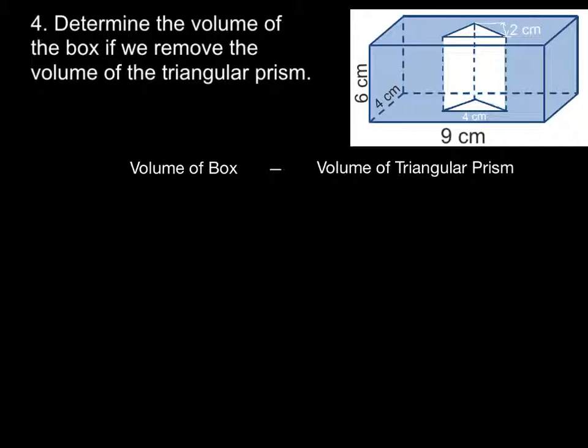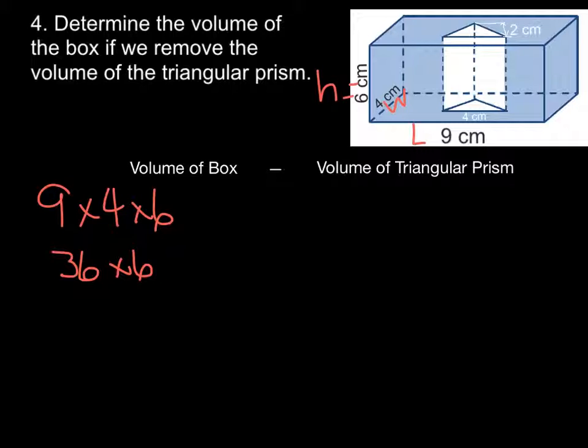So volume of the box, we're going to need to find the length, the width, and the height. So this is our length, this is our width, and the height is 6. So 9 times 4 times 6. So we've got 9 times 4 is 36 times 6.